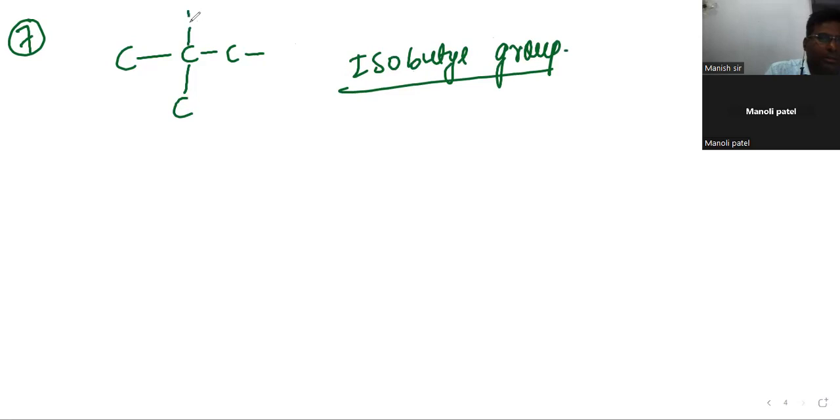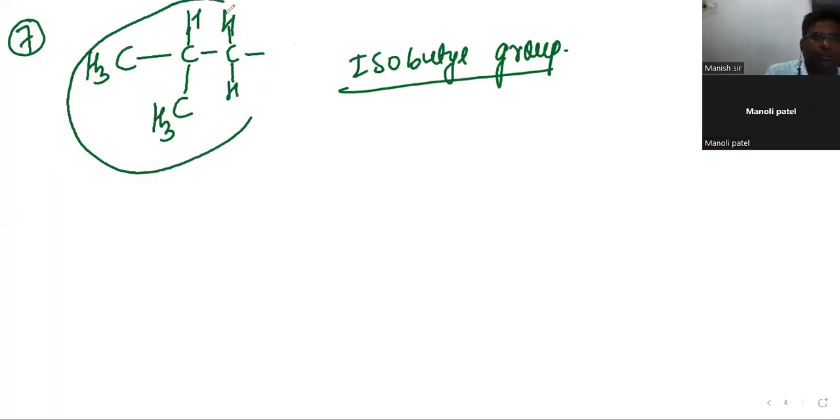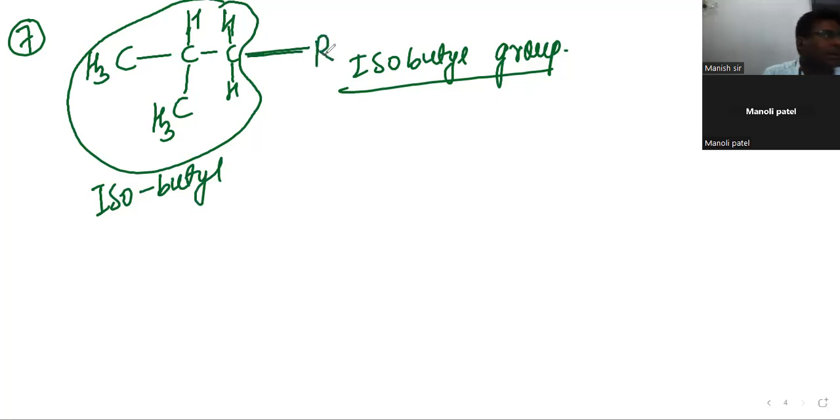So this should satisfy like this, right? And this will be H, H. So this branching is isobutyl. So there should be another R connection, but this part should be fixed. So this part is fixed for isobutyl.